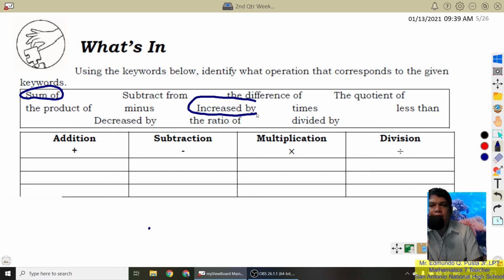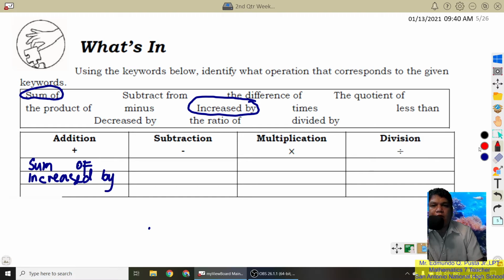Ayan, increase by for addition. So the ratio of, times, divided, quotient, less than. So we have what we call the sum of. These are words or phrases that indicate the operation addition.